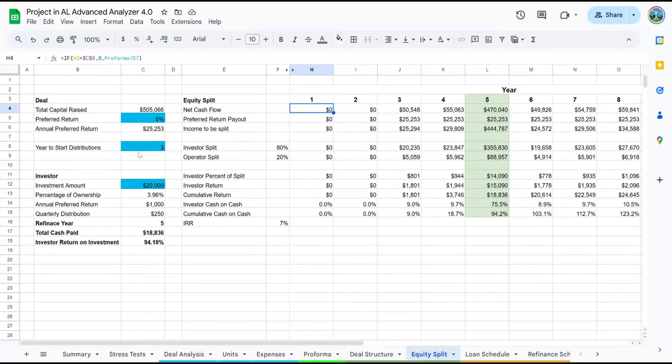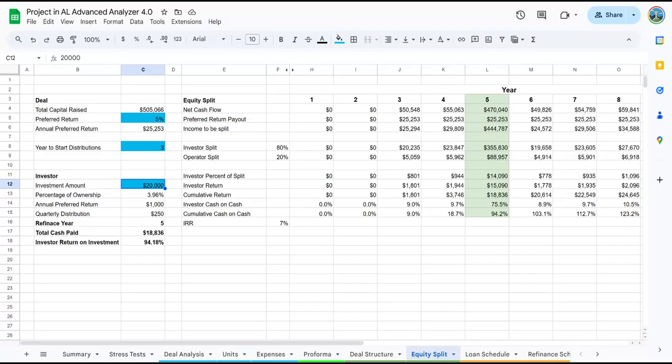So here we have our distributions starting in year 3, but you can change that to 4 or whatever year you want to start your distributions. And then down here, our investor scenario, the variable here is what will happen with the amount an investor puts in or contributes to the project.